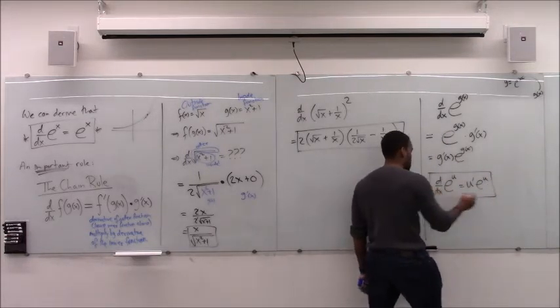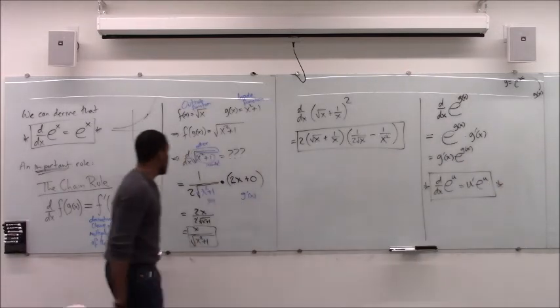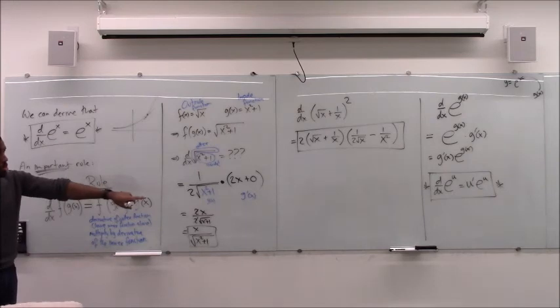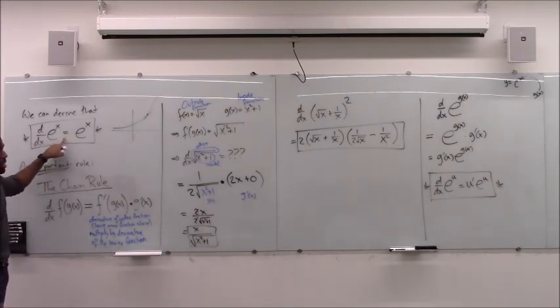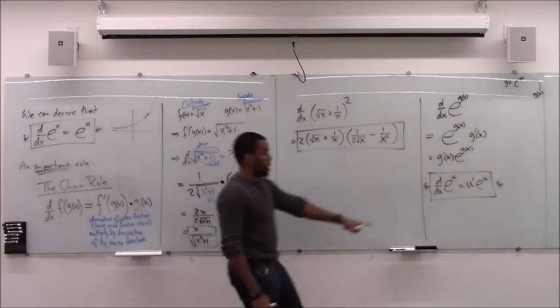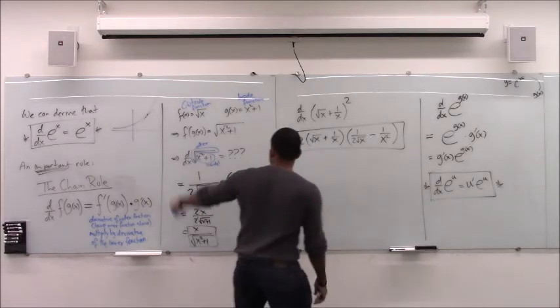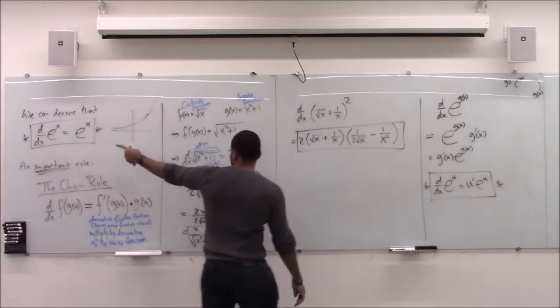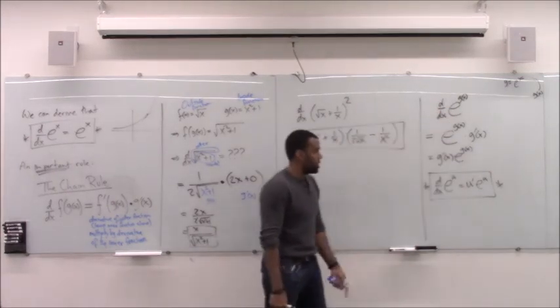So that's memorized. Now, one thing I want you to realize is that that is a more general way to look at it, and it includes this, because if your u were x, your u prime would be just 1, so it'll look exactly the same. So you don't have to be an x, you can be something else.